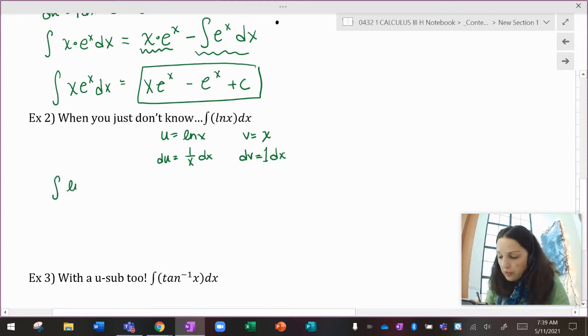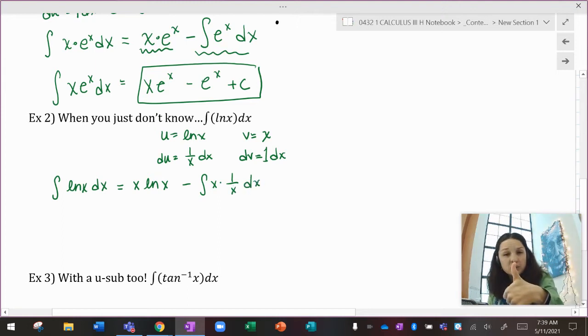So the integral of u dv equals u times v minus the integral of v du. So there's half my antiderivative in the front. And now I need to integrate x times 1 over x. Well, x times 1 over x is just 1, and the antiderivative of 1 is x.